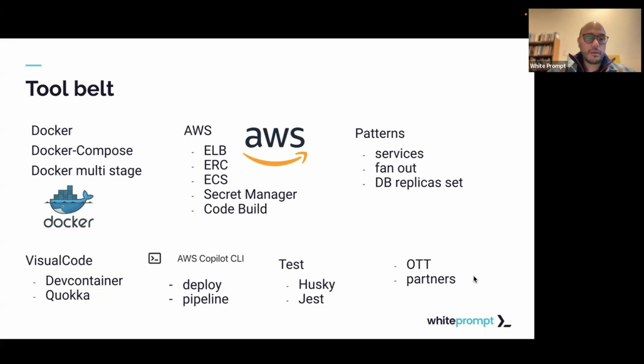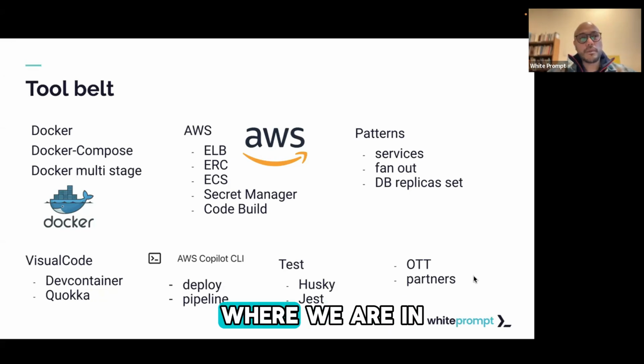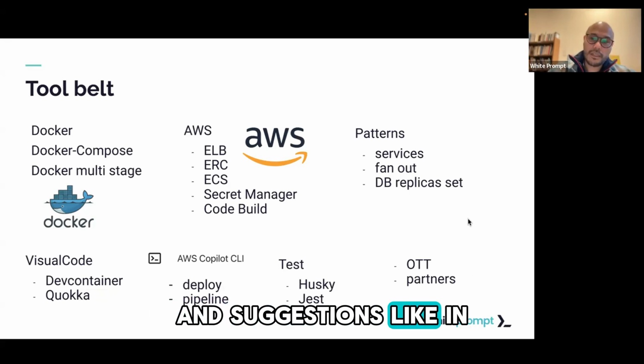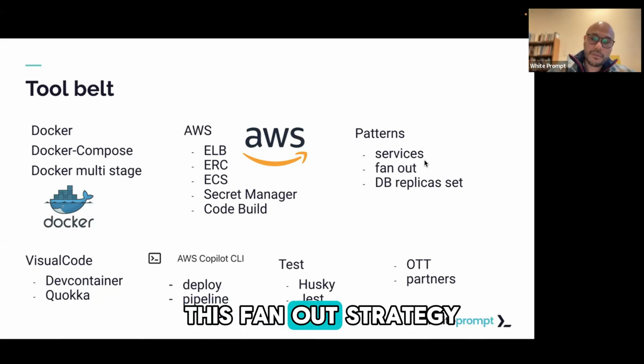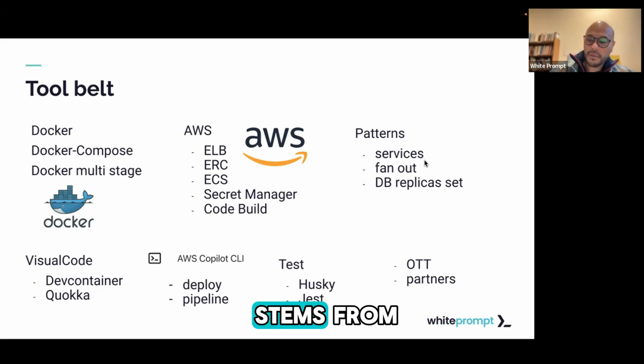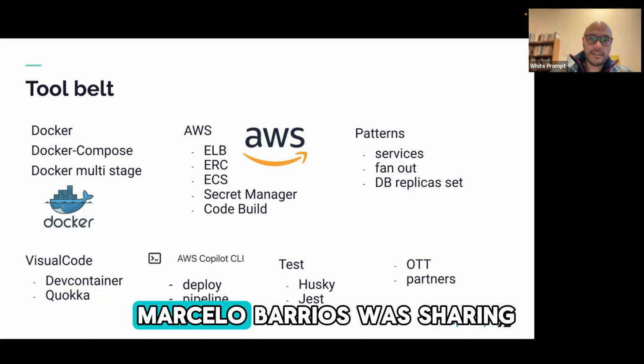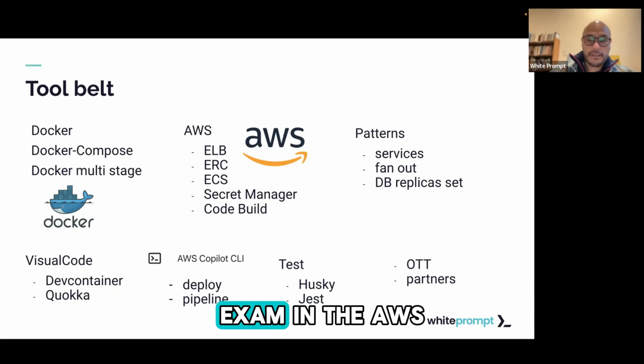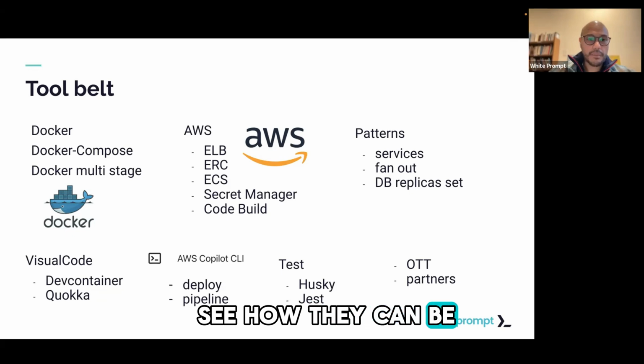It's also a place where we are implementing partners' suggestions. In this case, this fan out strategy is a pattern that Marcelo Barrios was sharing with me when he was studying for the architecture exam in AWS. So here we will see how they can be implemented.